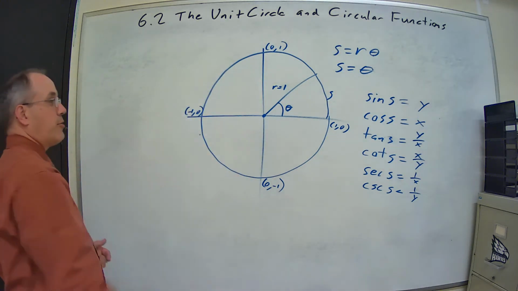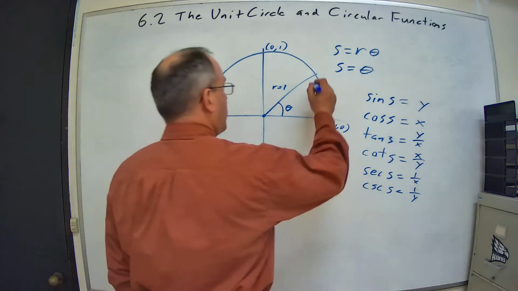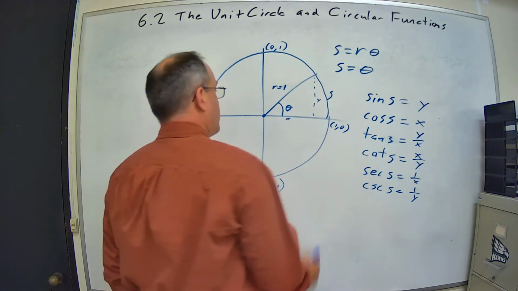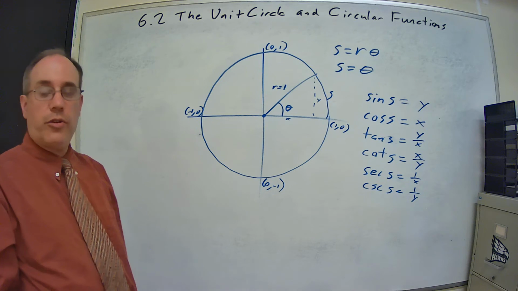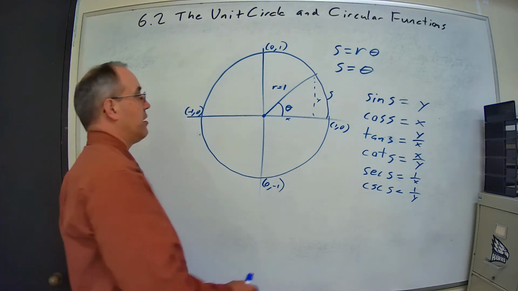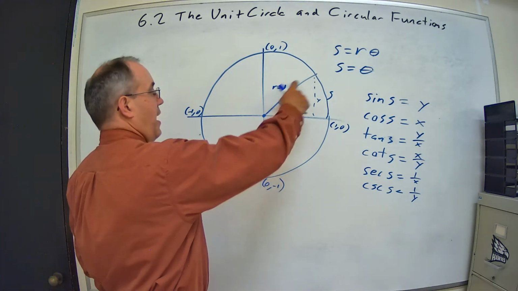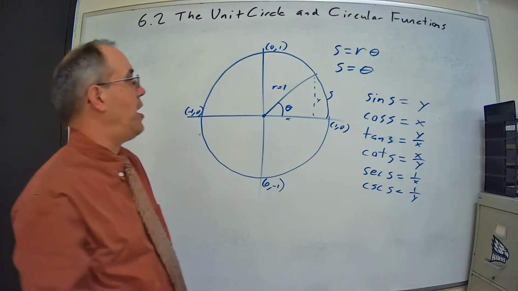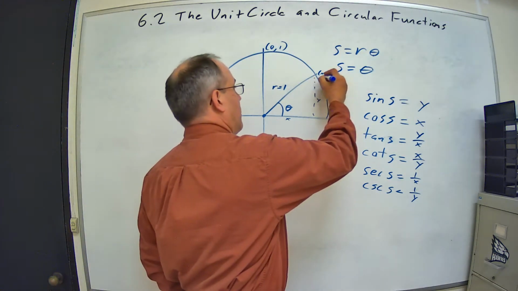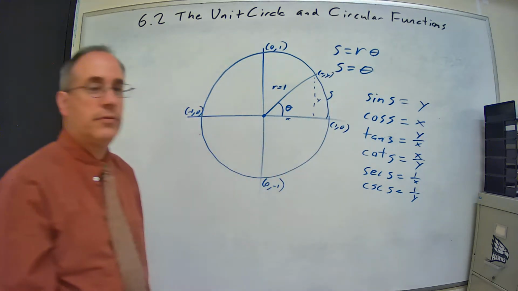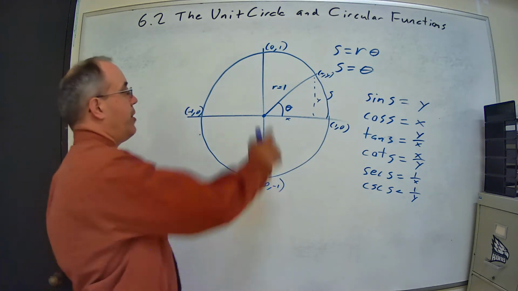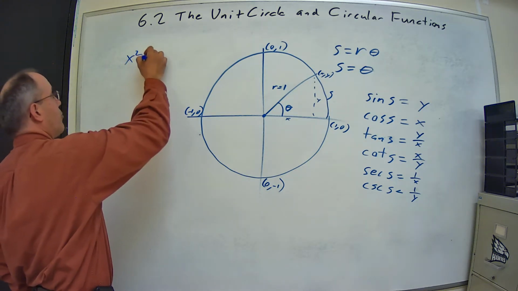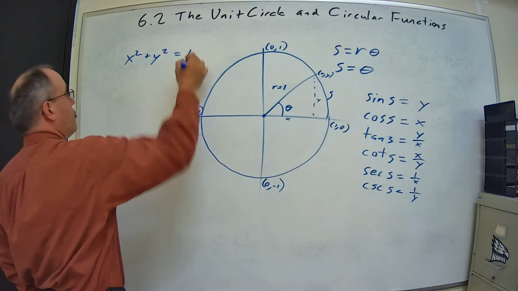Now I'm going to point out too with this, that if we look at this y, and this x, we should realize that any point on this unit circle being defined by x and y with a radius of 1 can be given by x squared plus y squared is equal to 1.